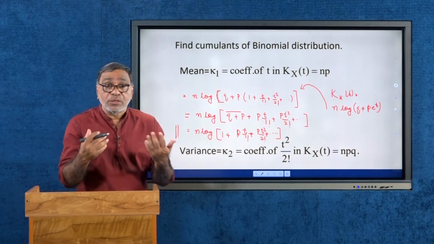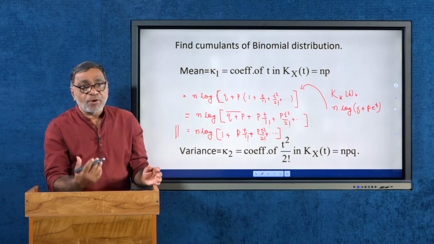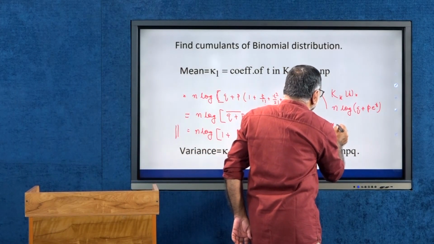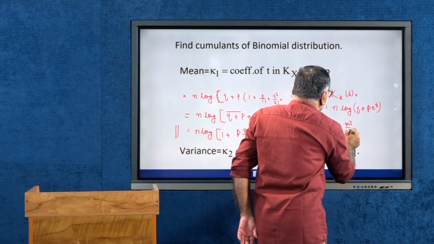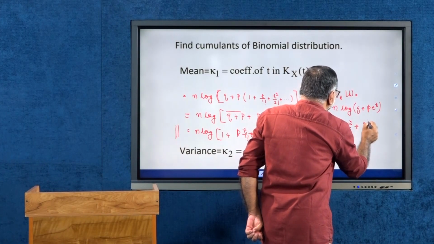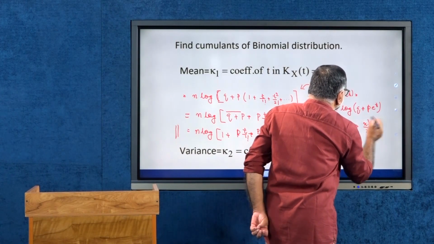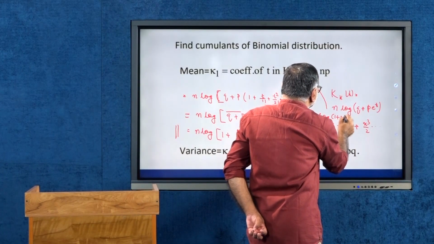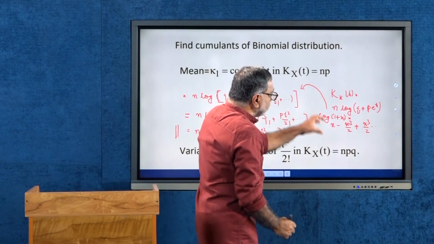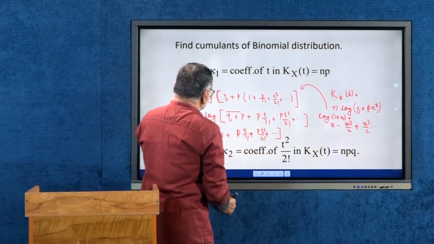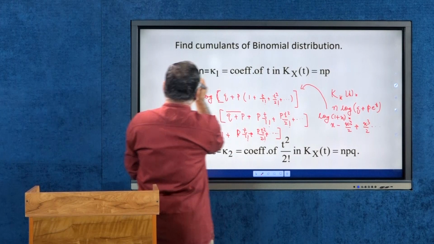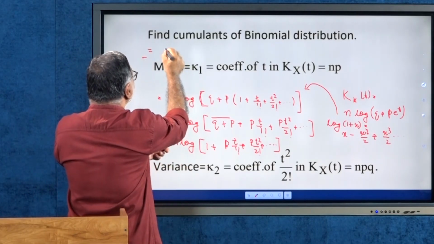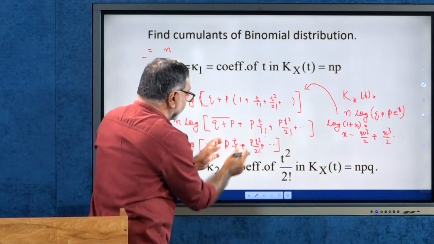And this is logarithm of 1 plus x. Logarithm of 1 plus x you can expand: x minus x square by 2 plus x cubed by 3 etc. When you are expanding logarithm of 1 plus x, this is the expression. So, using that expansion, this is equal to n log 1 plus x, where this is our x.